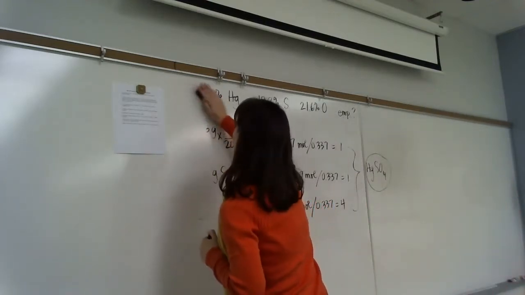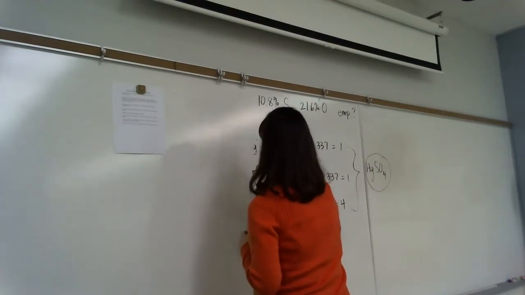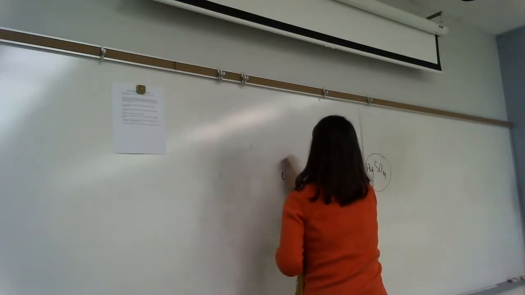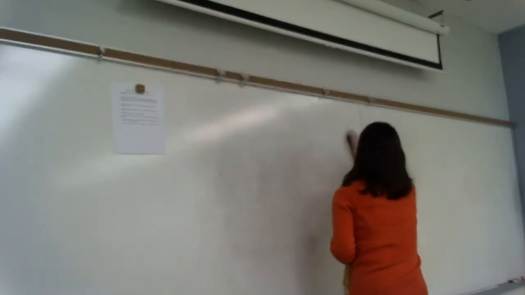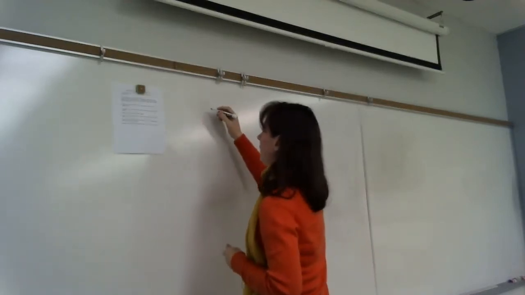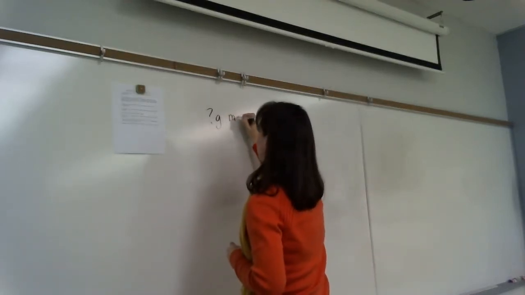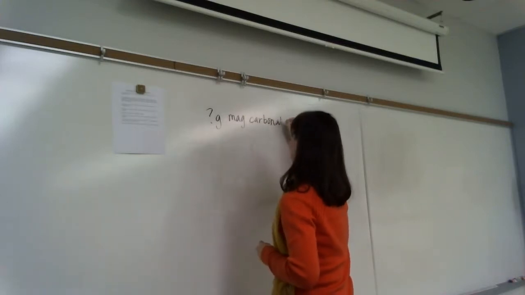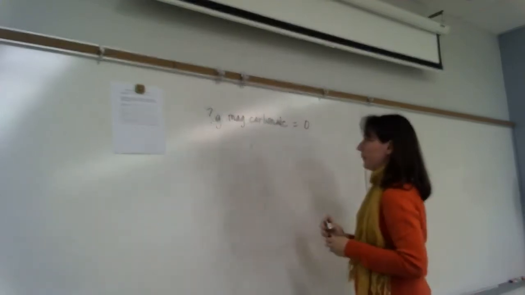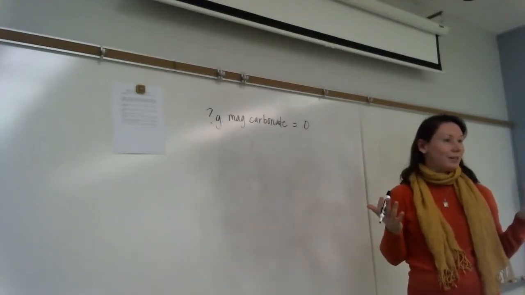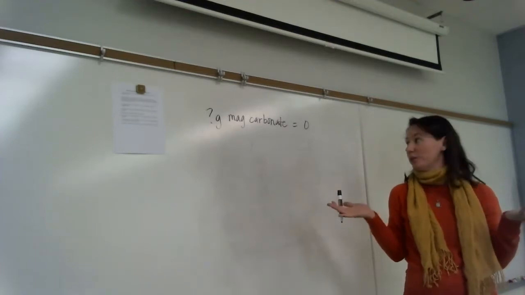Let's see, number 5. This one is not an empirical formula problem at all. It's a percent composition problem. Number 5 asks us, what percent of magnesium carbonate is oxygen? Okay, this is a good test of formula writing, because if you can't write the formula, you can't do the percent composition.